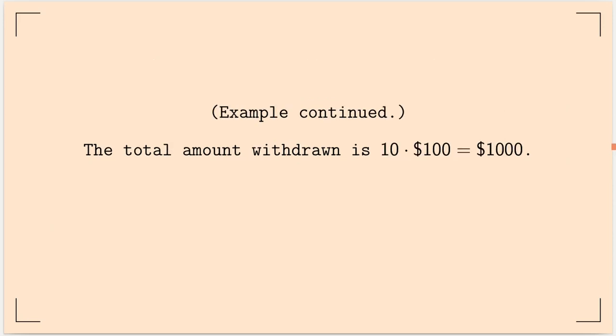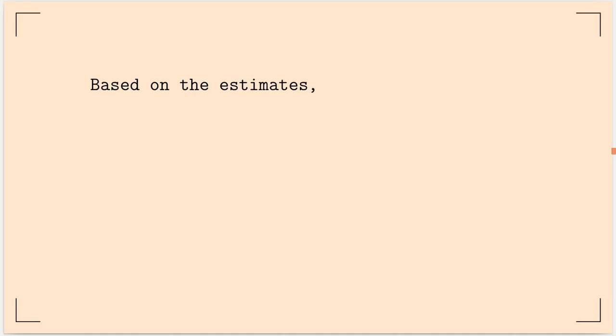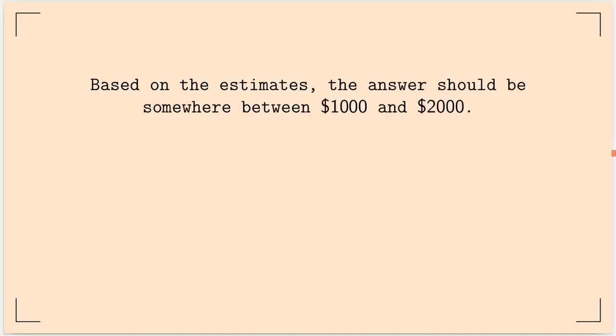Let's continue with the example. The total amount withdrawn is 10 times $100, which is $1,000. So the answer is at least 2,000 minus 1,000 equals $1,000. So based on the estimates, the answer should be somewhere between $1,000 and $2,000.